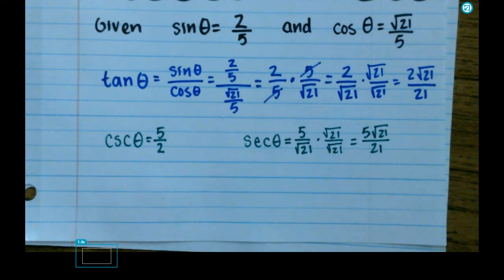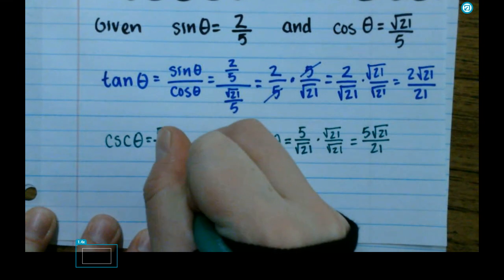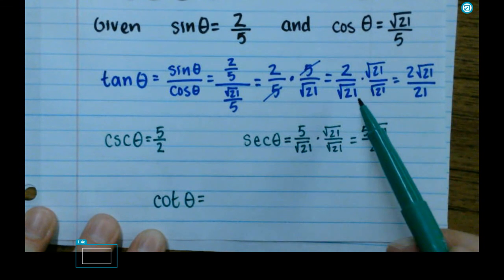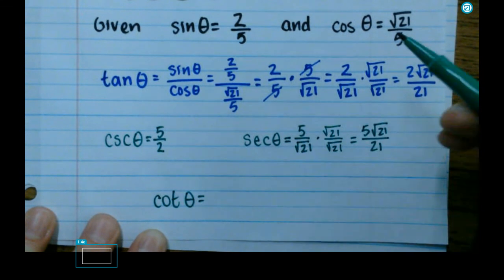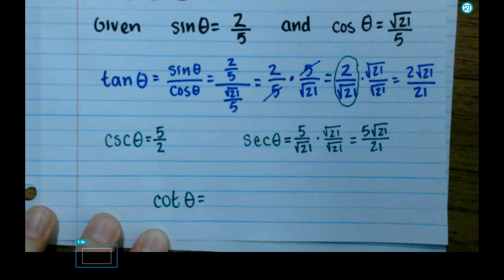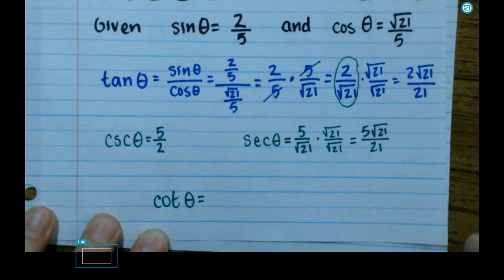Last one is cotangent of theta. Cotangent of theta is the reciprocal of tangent of theta. Little tip of advice: this is also equal to tangent. Flip that instead of flipping what you rationalized, because if you flip what you rationalized, then you have to re-rationalize.